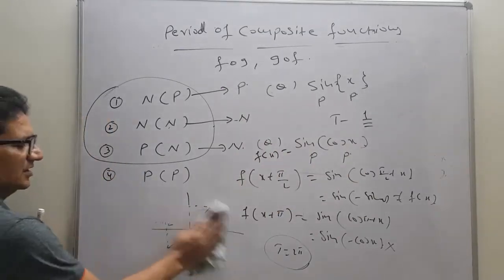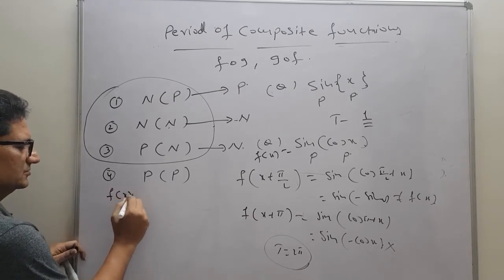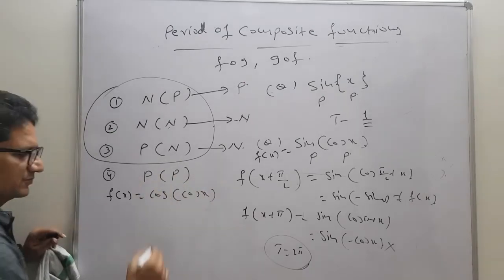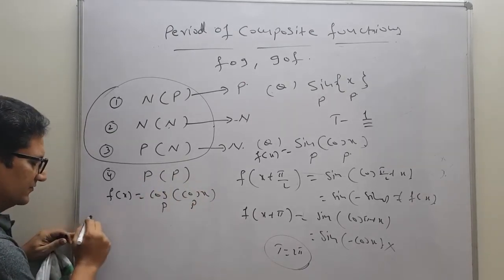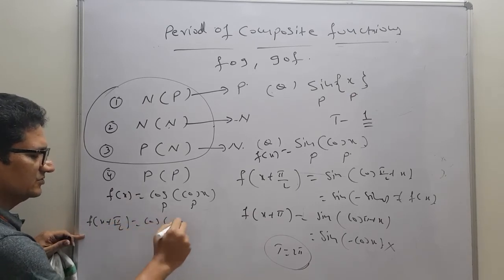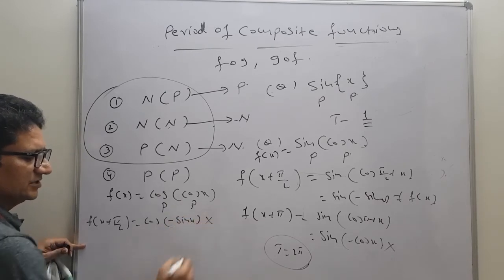For example, if you have the function f of x equals cos of cos x, periodic and periodic, then we go immediately for f of x plus pi by 2. F of x plus pi by 2 is cos of cos 90 plus x, which is cos of minus sin x. So it failed.